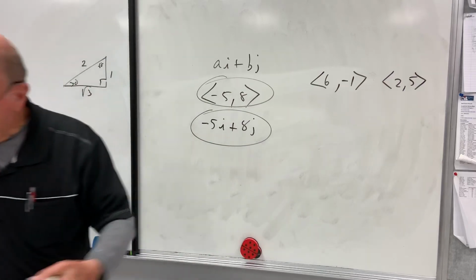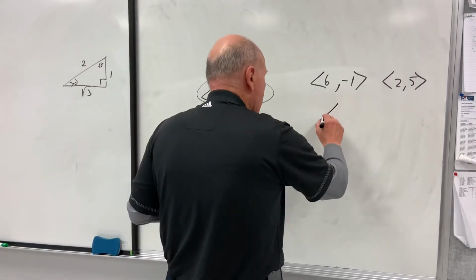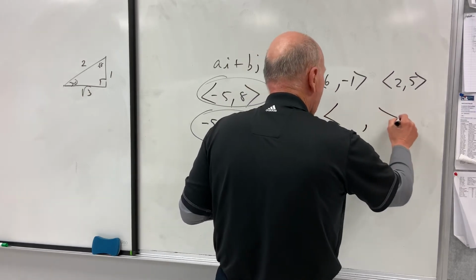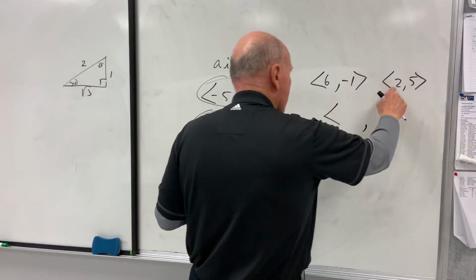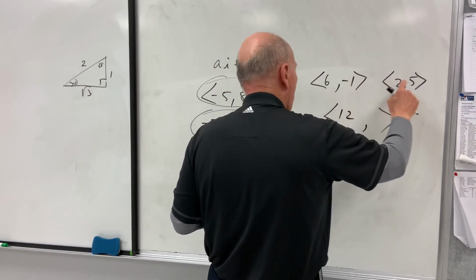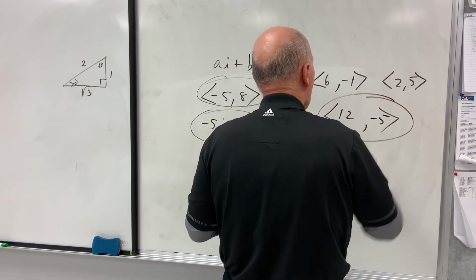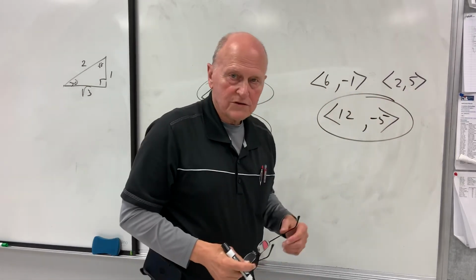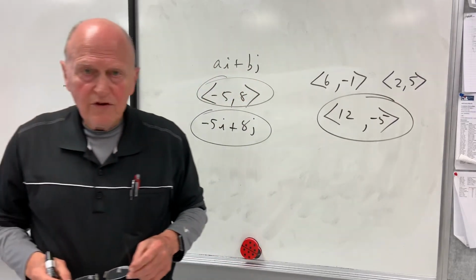To find the dot product of two vectors, all we do is multiply the x components together, 6 times 2 is 12, and the y components together, -1 times 5 is -5, and there is the dot product for these two vectors. And that gets us through 76.